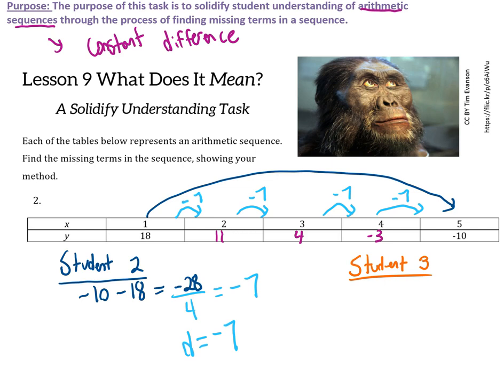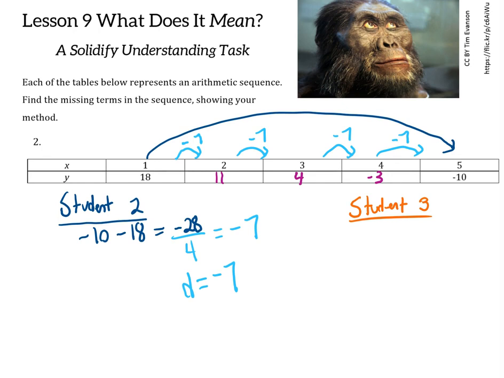Student 3, another student might say, I know that we've been writing explicit rules for arithmetic sequences and we've always had the starting number plus some common difference times the number that we want in the sequence. And so the common difference we don't know this time, we'll represent it as d, and we have 4 steps.